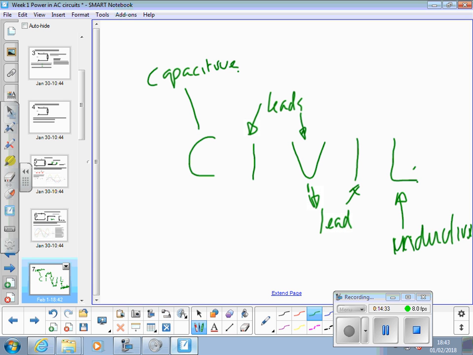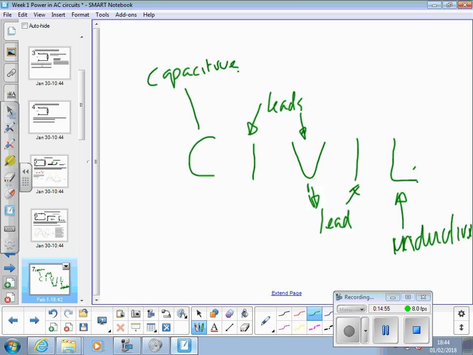And I always say, when we're doing those calculations with either inductive or capacitive circuits, you know that if a circuit's overall inductive, we should have current that lags the voltage. It's got a negative angle.